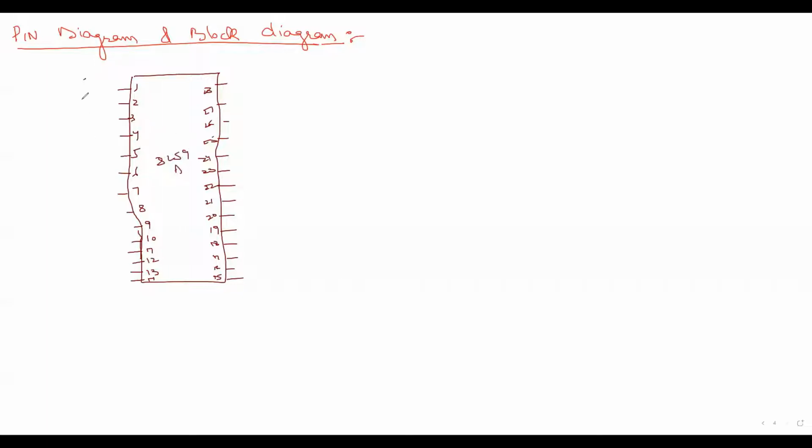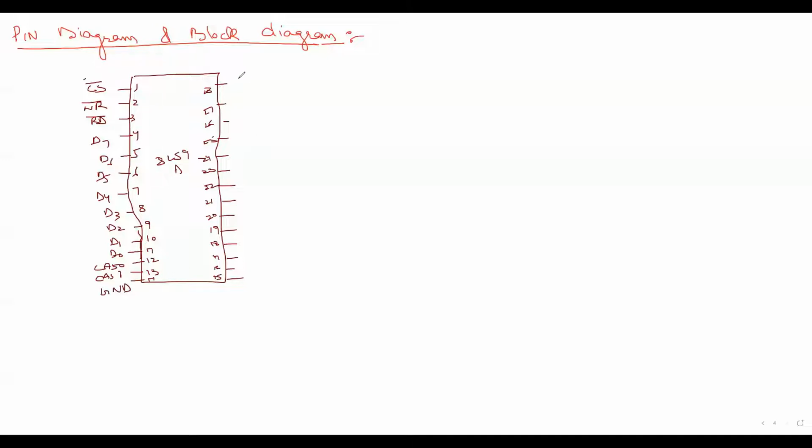And what are those pins? This pin is the chip select pin. This is the write pin. This is the read pin. This is D7, D6, D5, D4, D3, D2, D1, and D0. This is CAS0, CAS1, and this is ground.